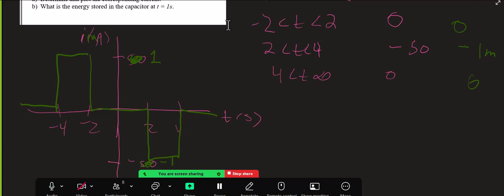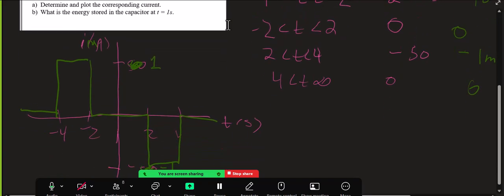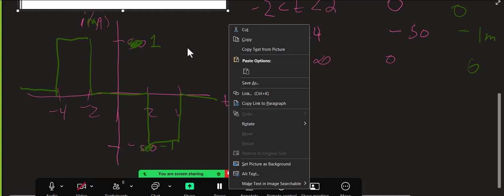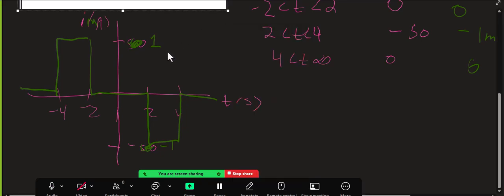Okay, then the next part of the question says, what is the energy stored in the capacitor at time t equals 1 second? So at time t equals 1 second, we are right here. And there's a couple ways we can do this.